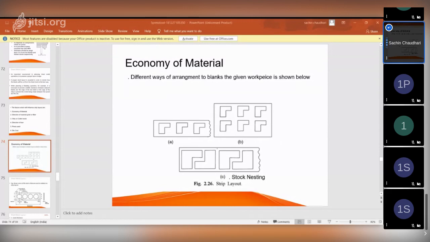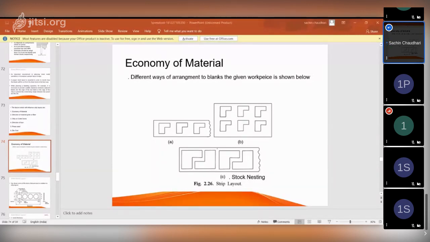Okay, and another thumb rule is also given: to prevent the scrap from twisting and wedging between the punch and die, the distances given must be increased with the material thickness, guys. Whatever your distances are, A, B, C, whatever.